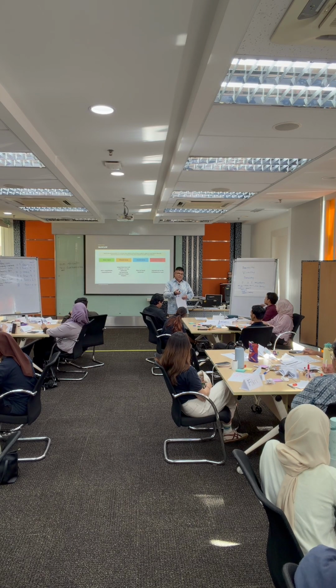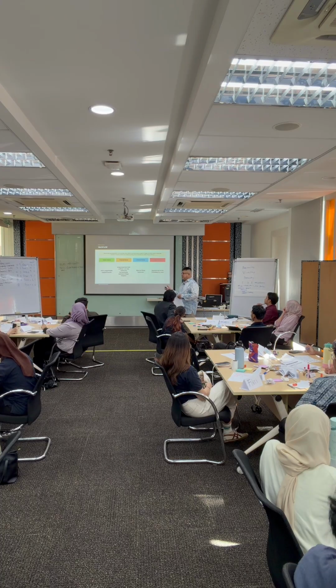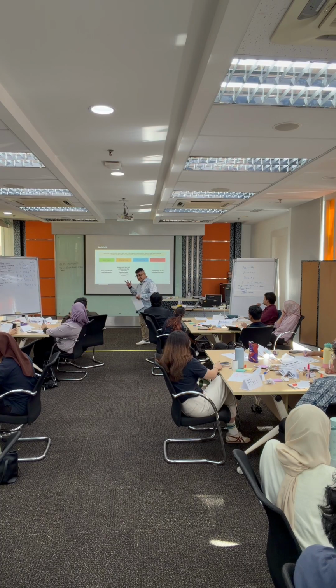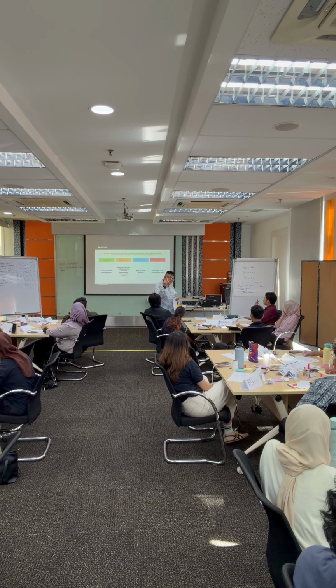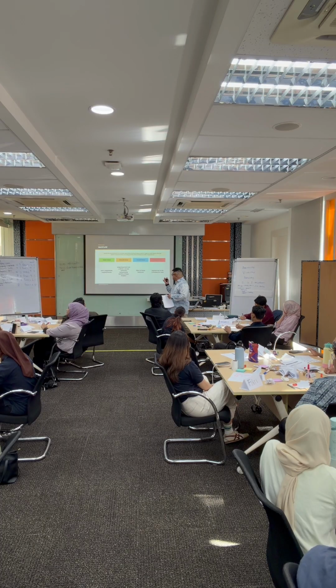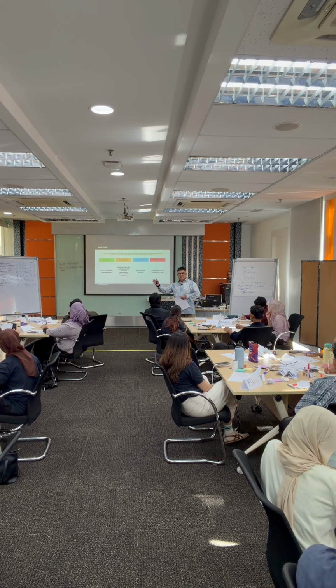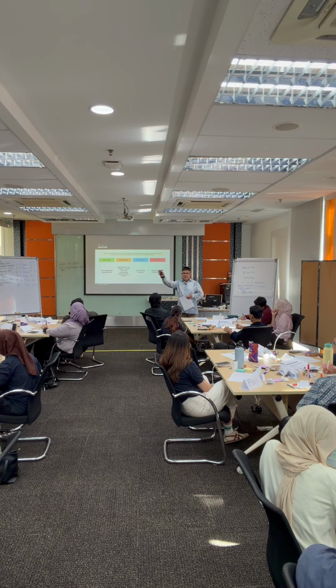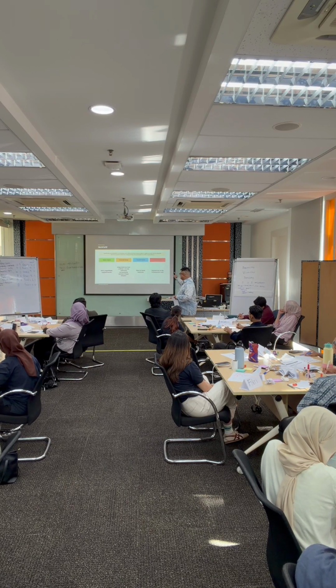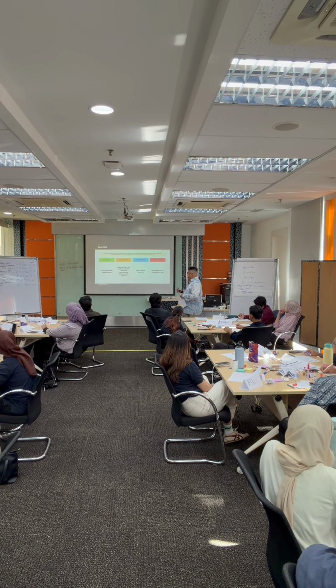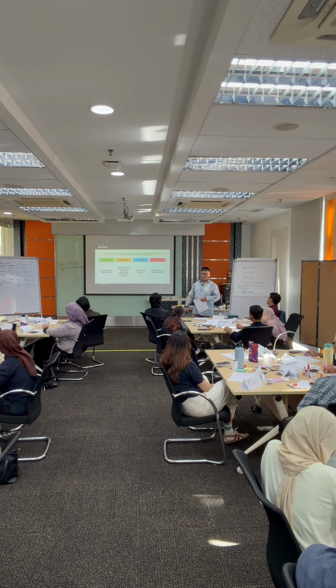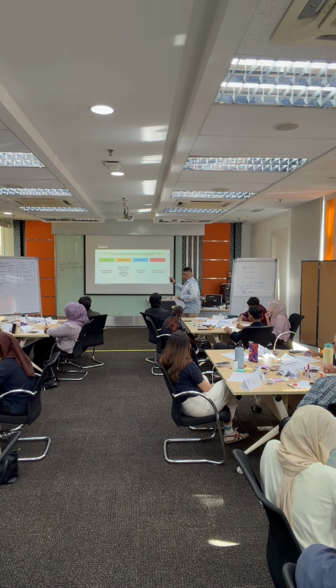MoSCoW is must have, should have, could have, won't have. So that's how you prioritize. That's how you put the task into this column. So must have, it must go. Should have, okay, important but can wait.